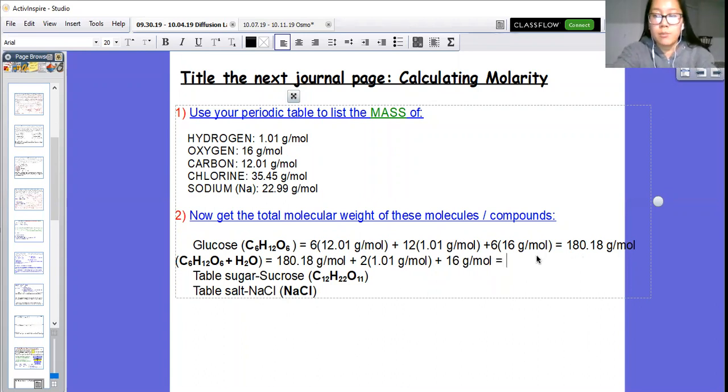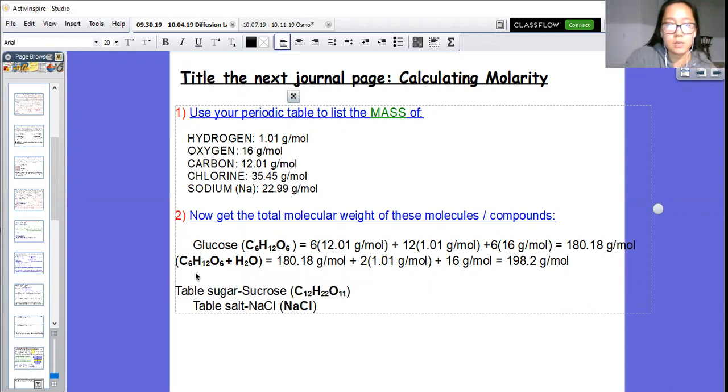And so this combined element of glucose plus water, so when you put it into water, is going to be 198.2 grams per mole.